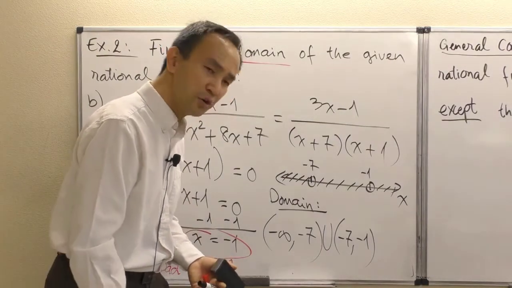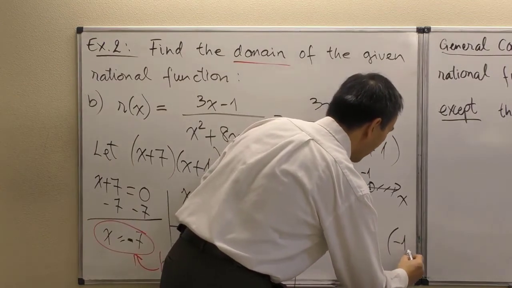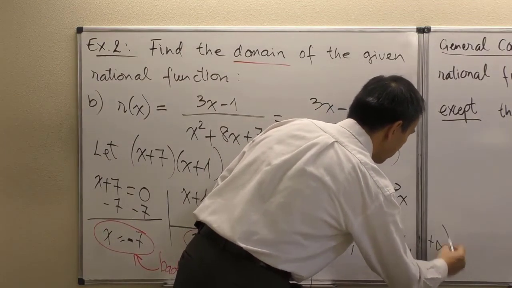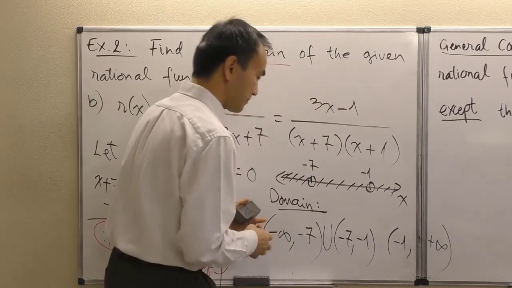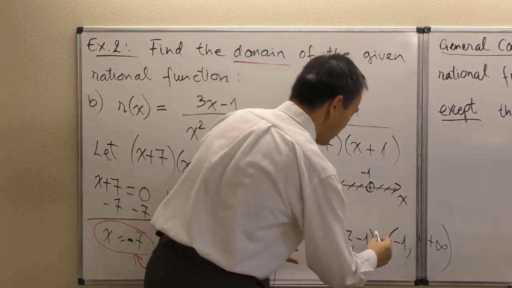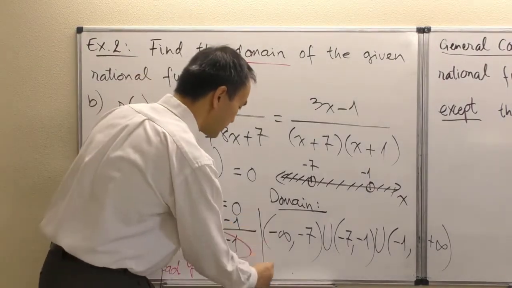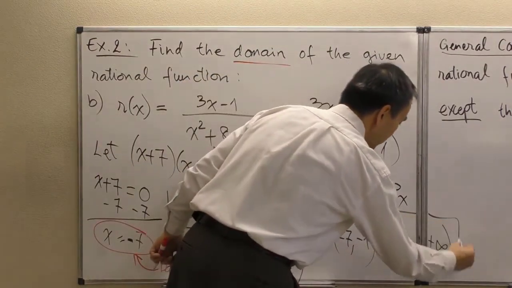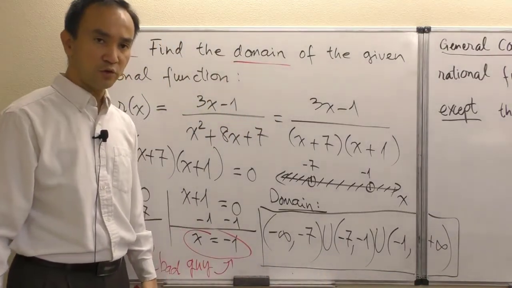We are not including that one. And then we have another one between negative 1 and positive infinity. I use a union to connect those last two intervals. So this is our total domain in interval notation, our overall final domain.